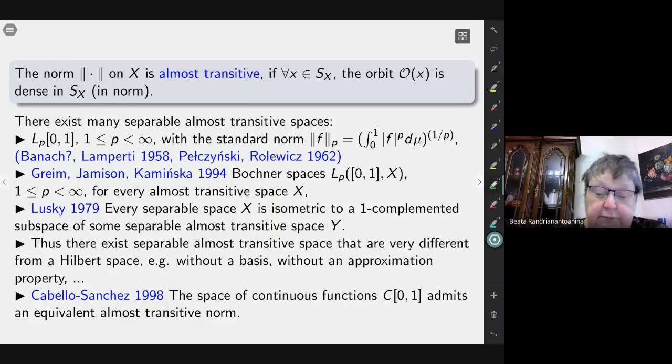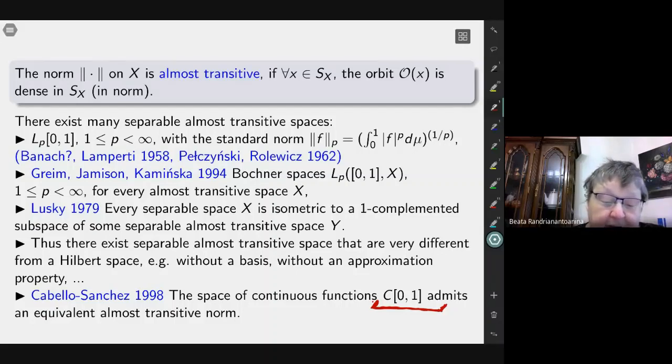This is very surprising. And something that I personally found very surprising is that the space of continuous functions, so the standard norm on continuous functions on [0, 1] is the sup norm, and that norm, as is well known, is actually not almost transitive.